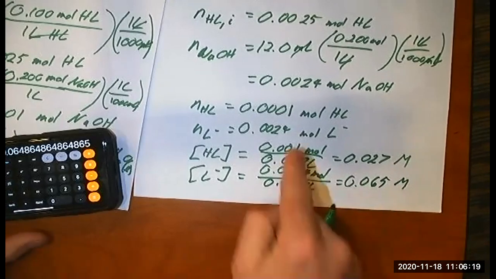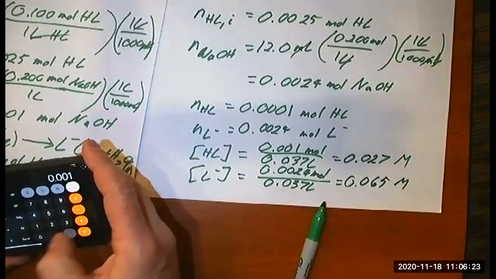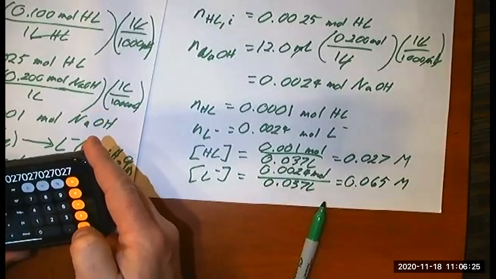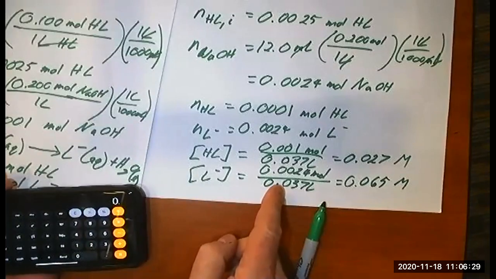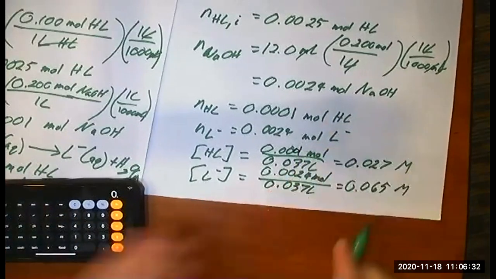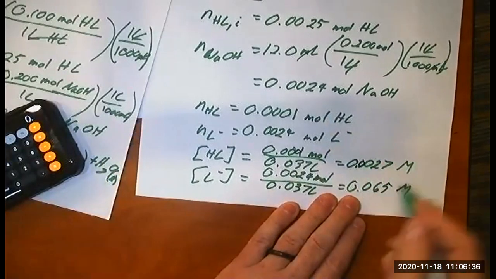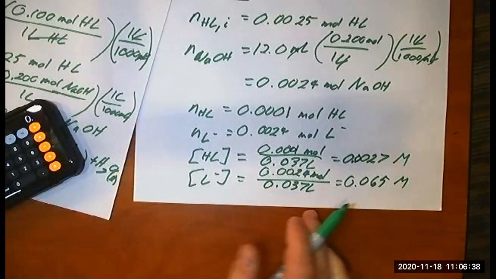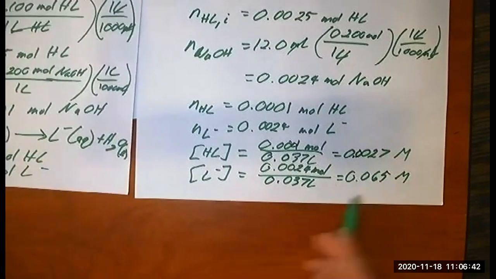I did something wrong, I didn't write enough zeros on the top one for HL. Okay, so it is 0.0027 molar. All right, so we have our concentrations here.